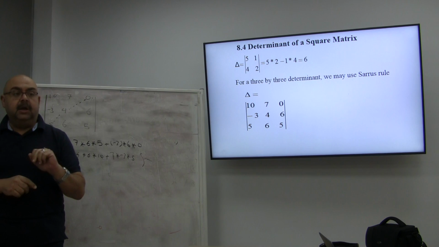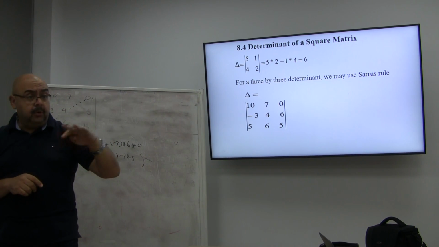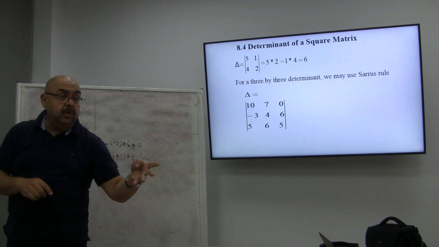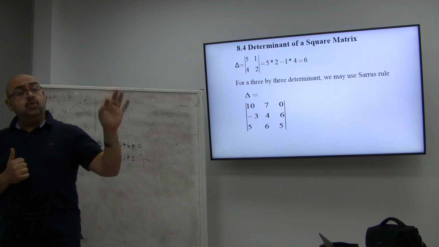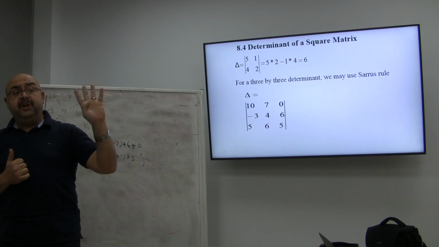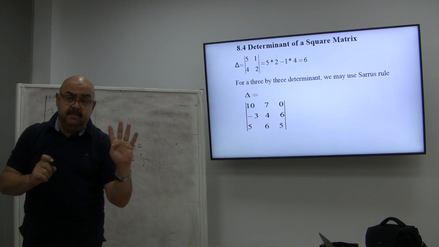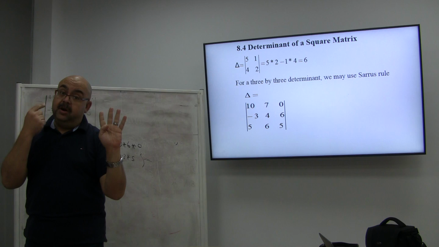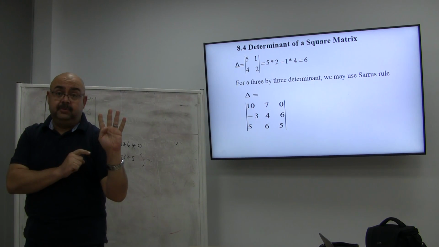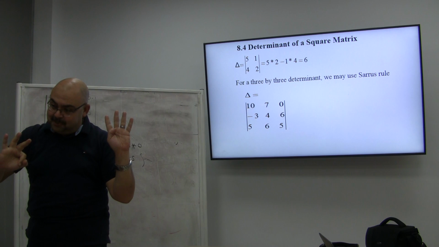What if I want to evaluate a 4 by 4 determinant? I will use a row or a column, so I will have to evaluate 4 determinants, each one 3 by 3, and each of those breaks into 3 2 by 2.